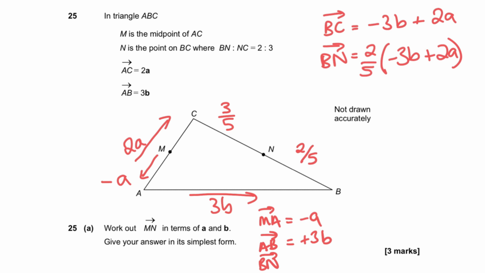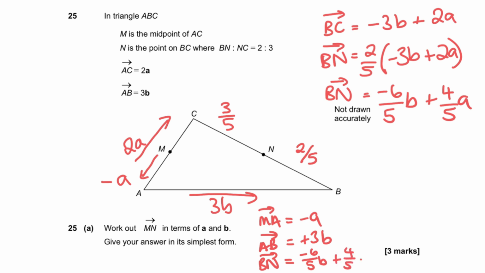So if we expand that out, we've got B to N equalling minus 6 over 5 b plus 4 over 5 a. So we can add that down here, minus 6/5 b plus 4 over 5 a.